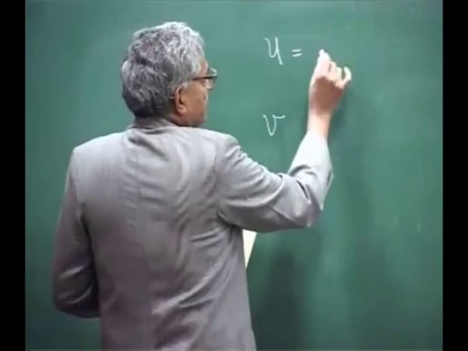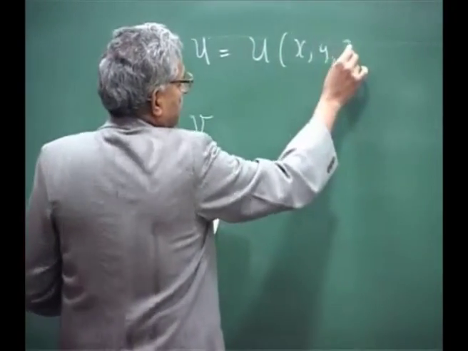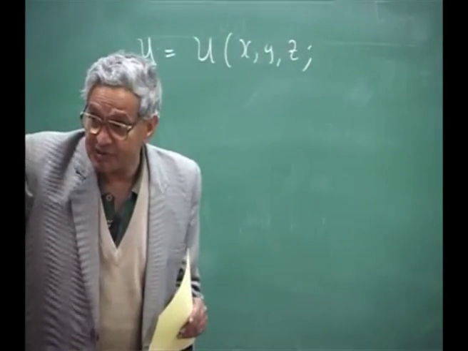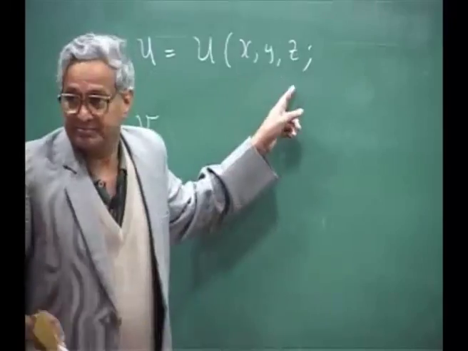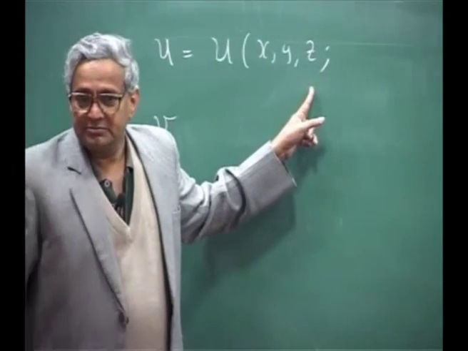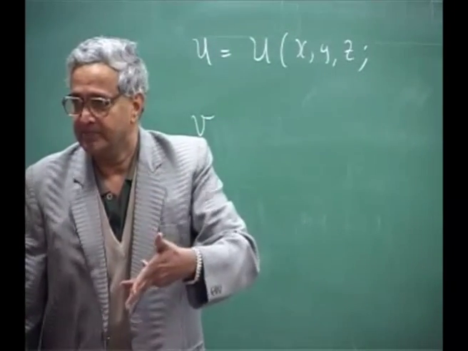And this is a function of x comma y comma z, because this is the point x y z. This is an identification. Okay, and how this point has moved after the application of the load.